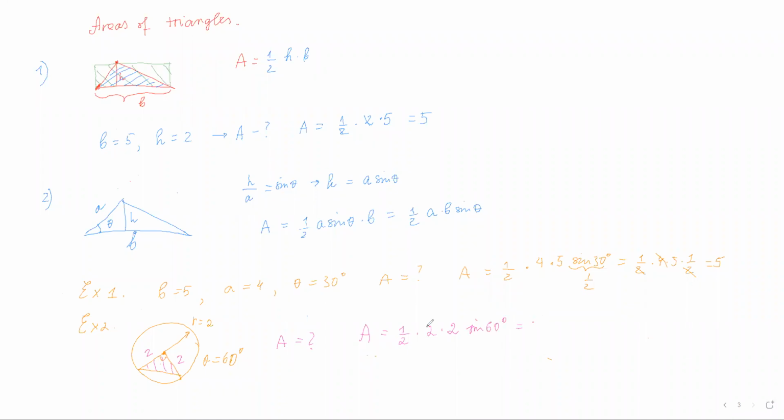Well, we can cancel 1 of 2 with each other, right? And we have 2 sine of 60 degrees. Again, from the table, you probably remember that sine of 60 degrees is square root of 3 over 2, right? 2 and 2 cancel, and we have square root of 3. So the area of this triangle is equal to square root of 3.